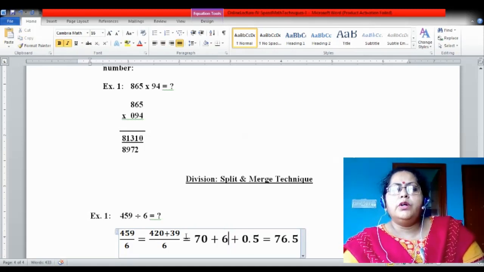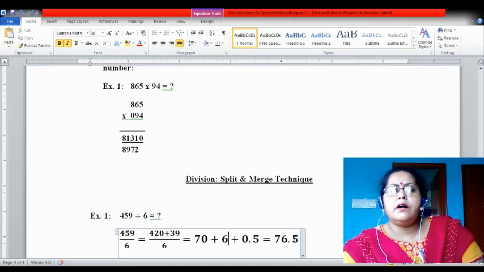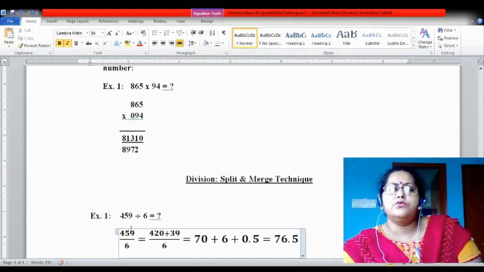I am showing all the steps purposefully because we are supposed to do this mentally. So 3 by 6 is half, or 0.5. So finally you get the answer 76.5. So instead of writing the entire number and trying to divide by 6, if we can just visualize and split the number like this, we may get the answer in a shorter amount of time.